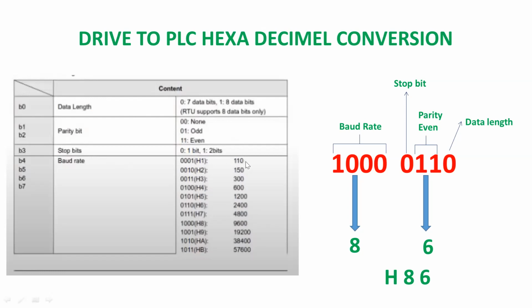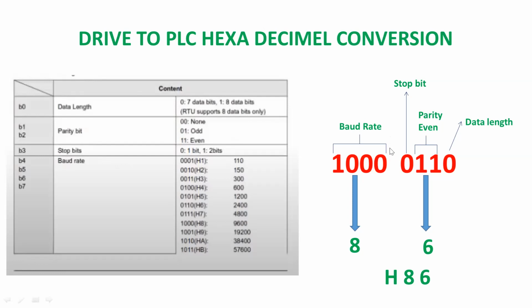Let's say, for example, 110 has 0001. These are the combinations of the 4 bits: 0001, 0010, 0011, 0100, 0101. These are the baud rates. What we selected here is the matter. We selected 9600, and the 9600 value is 1000, so we need to enter 1000.